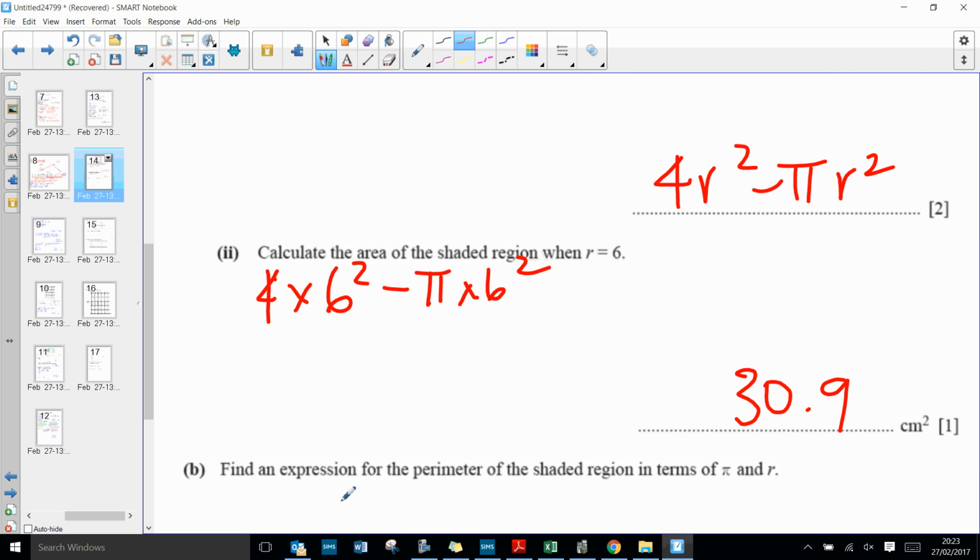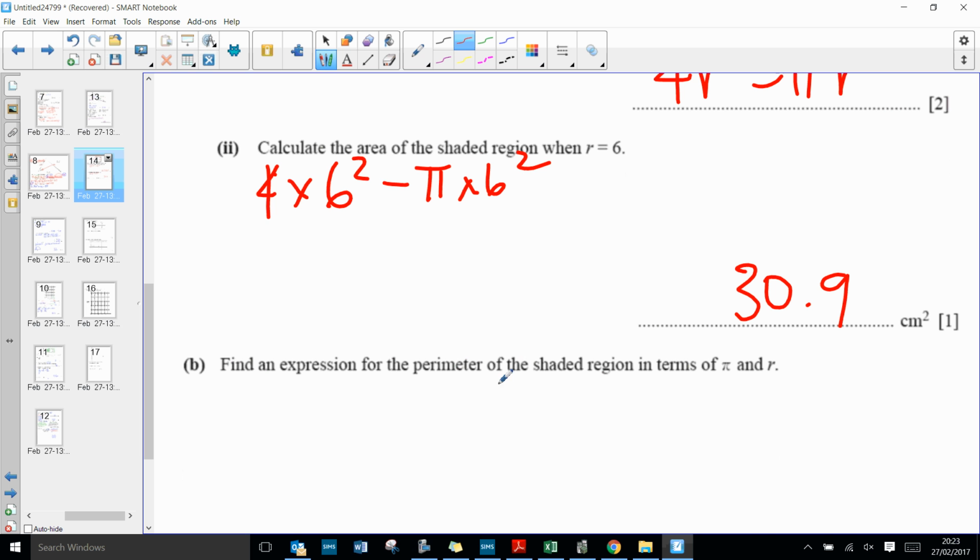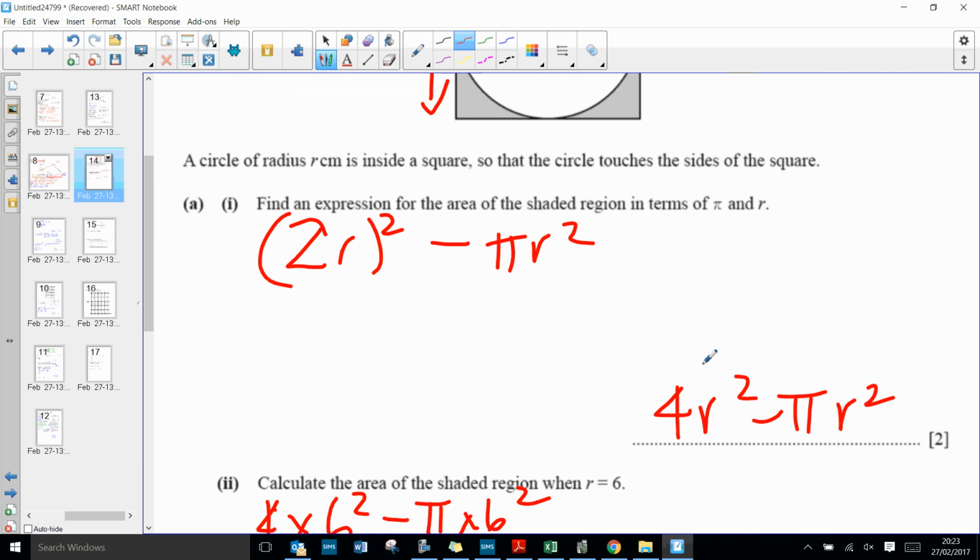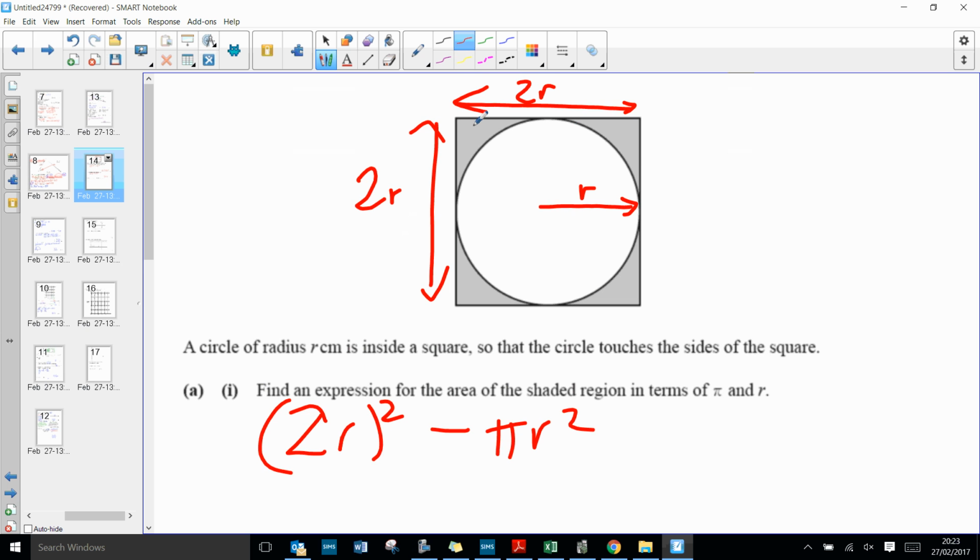Find an expression for the perimeter of the shaded region in terms of pi and r. Okay, so we've got these bits plus this bit.